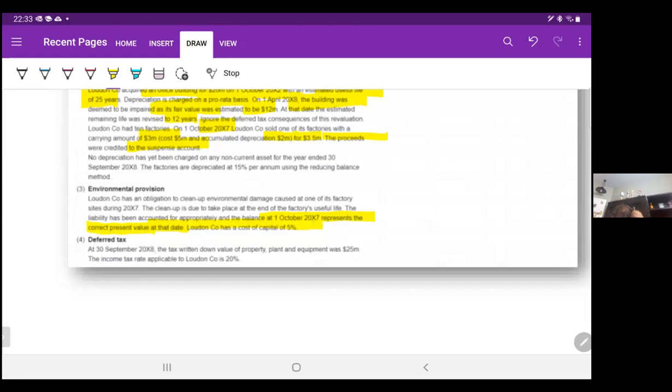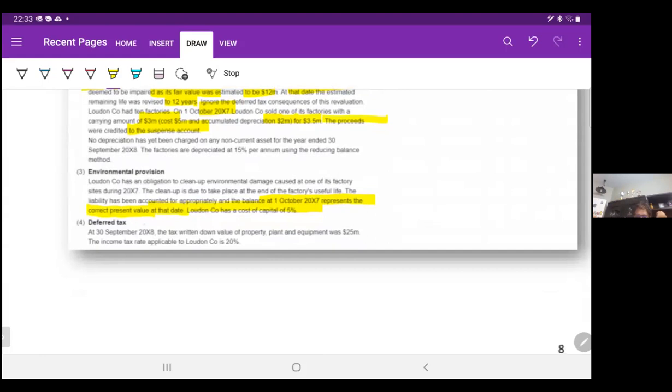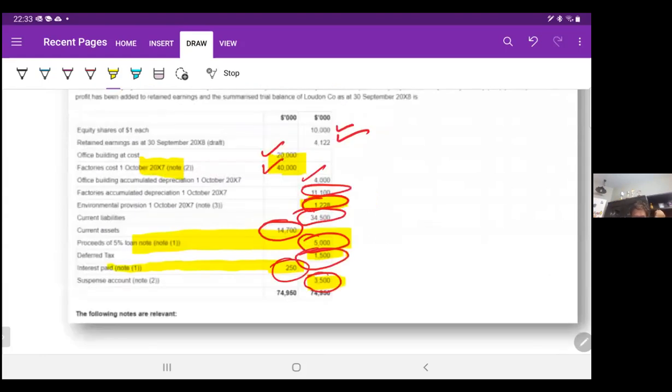The credit side 50. So first, what we will do.